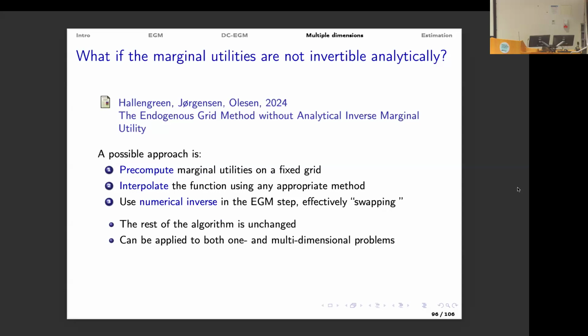Now, sometimes you want to use EGM not because it is fast, and you're not really interested in the analytical inverse of the marginal utility function. You can still apply EGM. If there is no analytical inverse of the marginal utility function, that means that there is still an equation to solve, so it doesn't give you the main advantage.